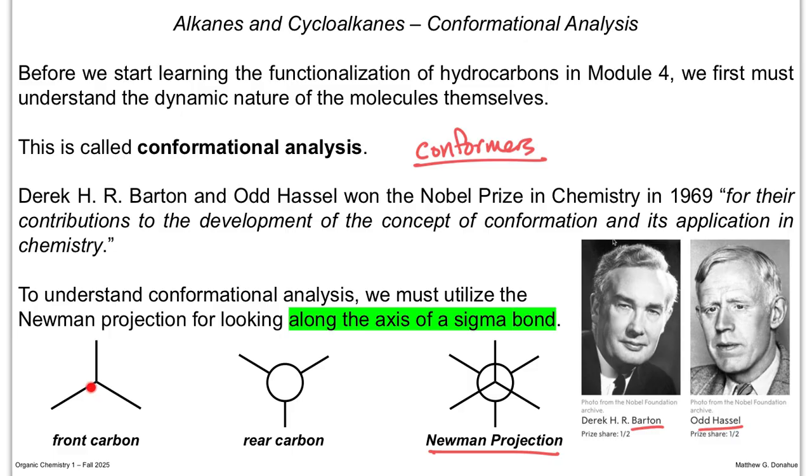So when you overlap this on top of that, that's the Newman projection. That thing right there is your front carbon. The circle is your back carbon. So you have to be cognizant that the front to back is a sigma bond. And then you have 1, 2, 3 substituents on the front, 1, 2, 3 on the back.